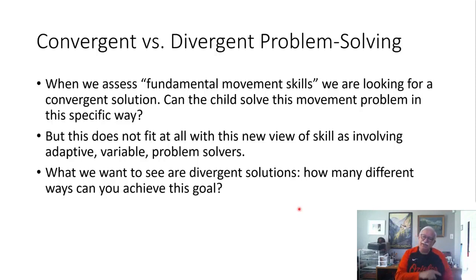So what we want to see are divergent solutions. How many different ways can you achieve this goal? Think of the Greenwald eye movement procedure, where at first we want somebody just moving their eyes, but then we want them, can you find a way to only move your head so that your eyes don't move in your head at all? Can you do it with 50% head movement and 50% eye movement?